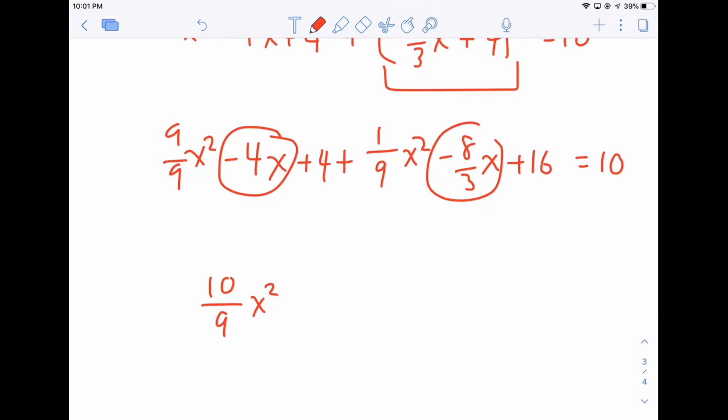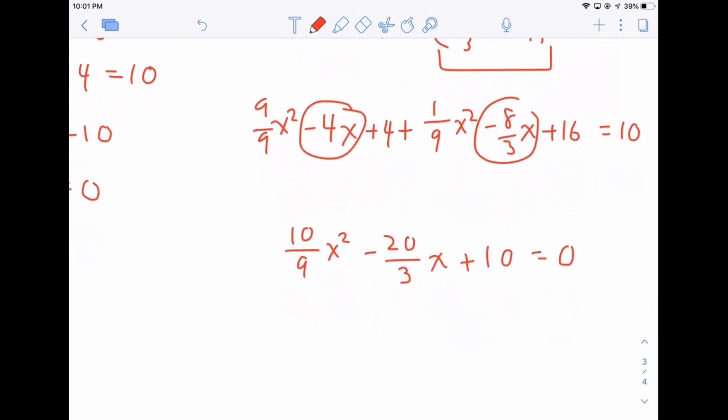So I can make 4 12/3. So that will be 12/3, and 8/3 makes 20/3. So that's minus 20/3 x plus 4 plus 16 equals 20 equals 10, minus 10 on both sides. I can make this plus 10 equals 0. So that's what I get when I combine like terms and set equal to 0.